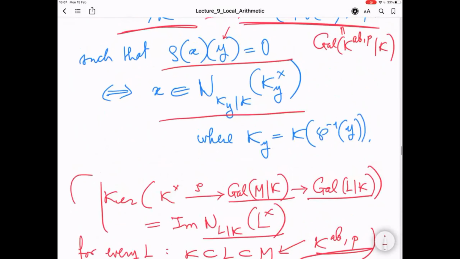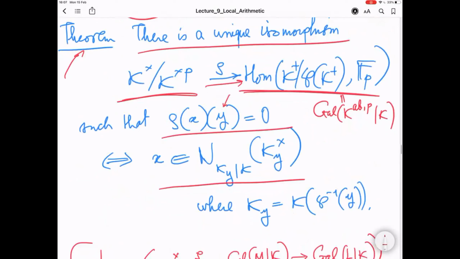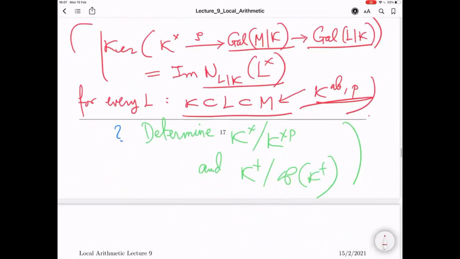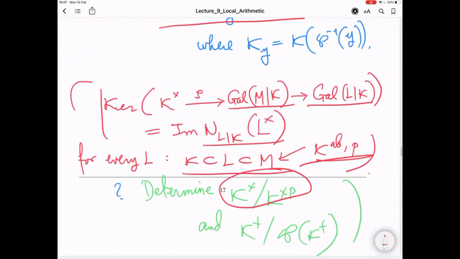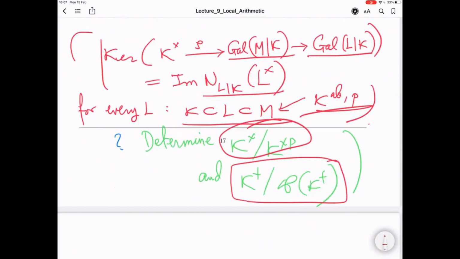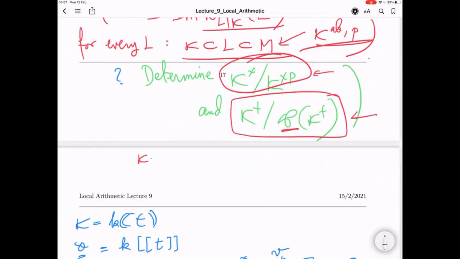We'll prove it later. But this shows that the theorem involves something about K star modulo pth powers and the additive group of K modulo P of K, this Artin-Schreier P. So let's first determine these two groups. What are these groups? What do they look like? Just as for K equal to QP, we determined what QP star modulo squares looks like, right?